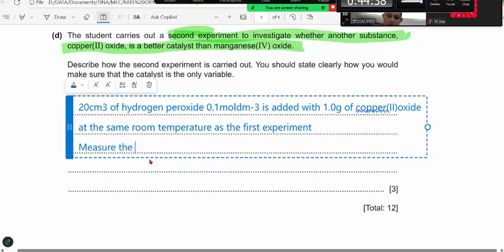Measure the volume of gas collected at the same time intervals and draw a graph.